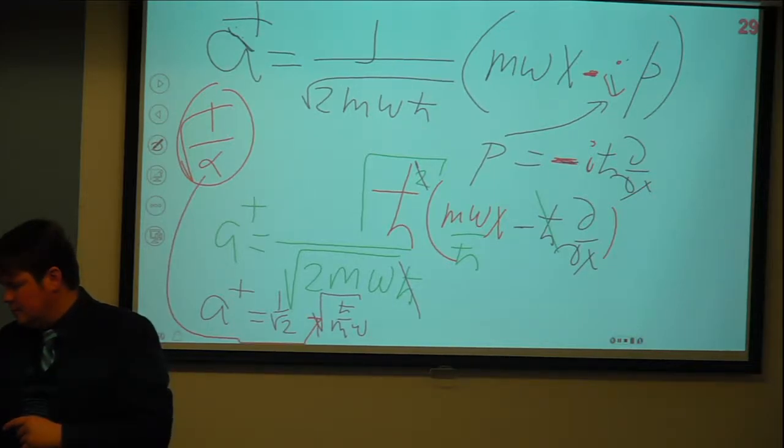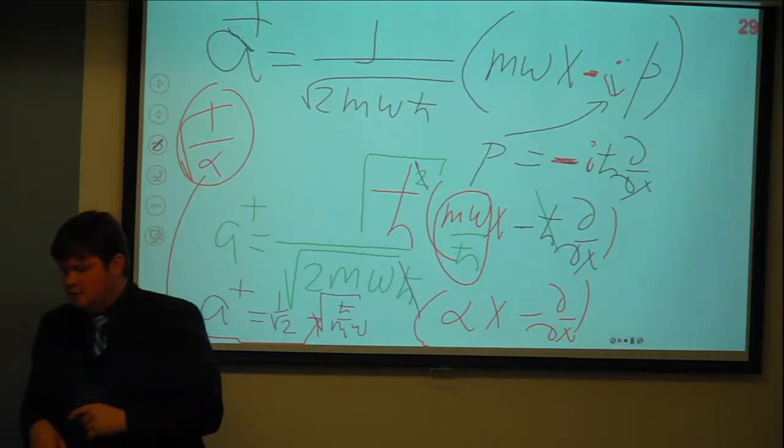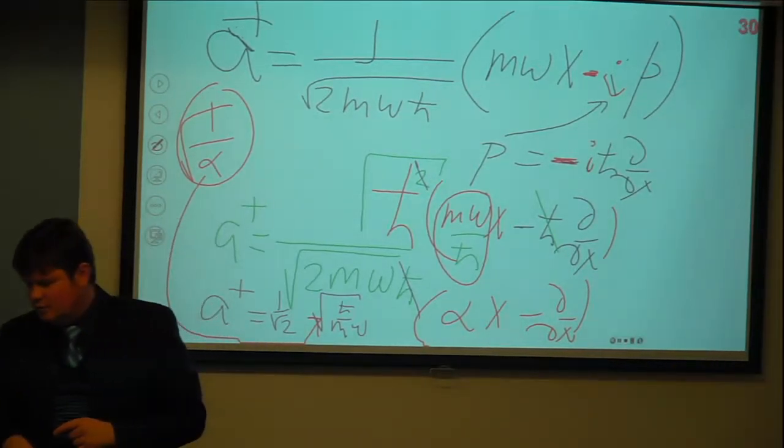And then in the brackets, we will have alpha. So this m omega divided by h bar is alpha times x minus d/dx. Okay, good. So we did nothing.